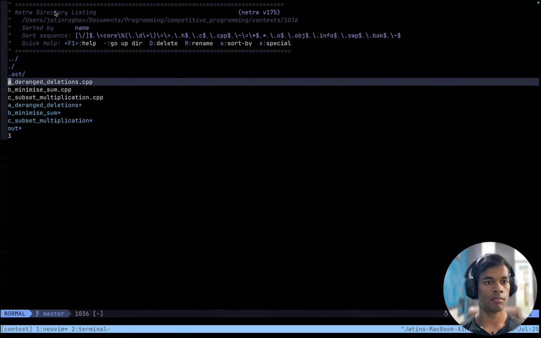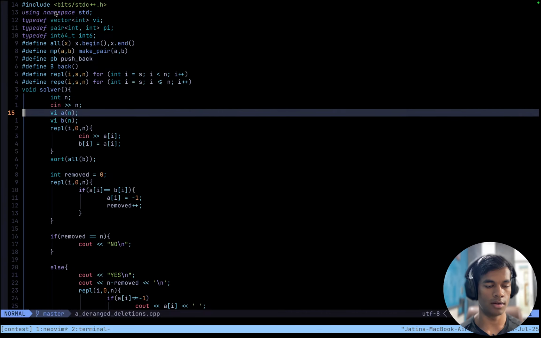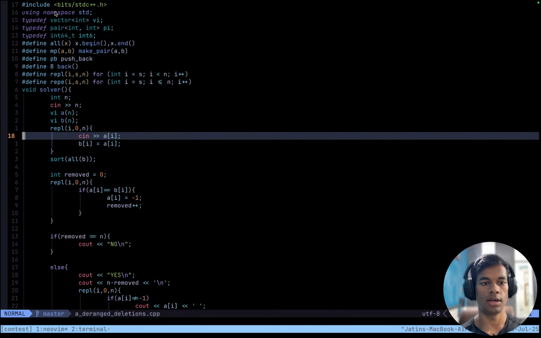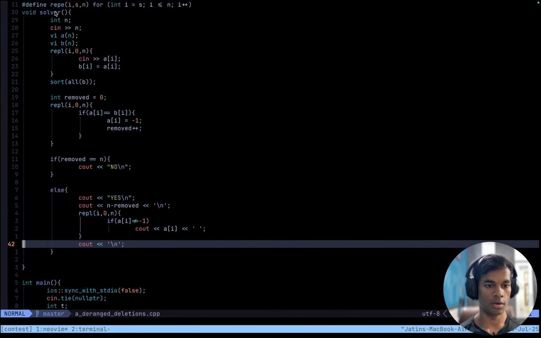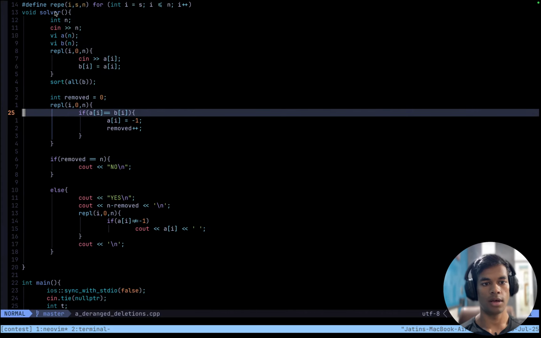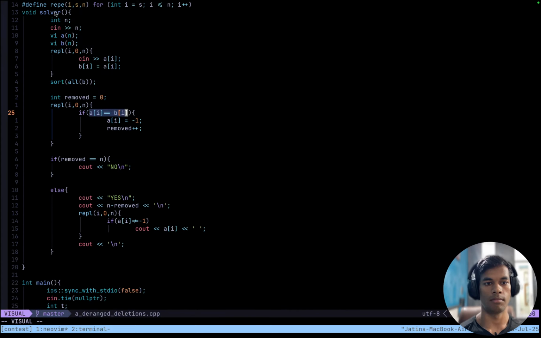1036, deranged deletion. So first I take in n, and then I create two vector integer arrays of size n, and I take in the input in A and also into B, and then I sort B. Then I keep a counter of the number of elements that I have removed, and then I traverse through the array, checking whether any element is matching or not.